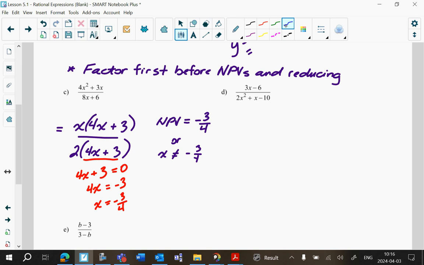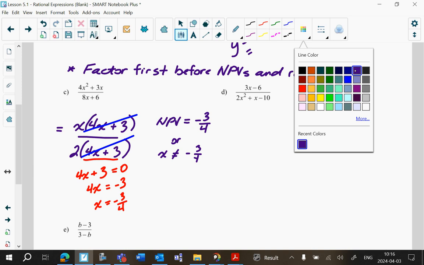You got to do the whole, it's all or nothing. And secondly, it's 4x. Yeah, those can go. If I take a 4x plus 3, divide them out of each one, I'm left with 1 and 1. And x times 1 is x on top. 2 times 1 on the bottom is 2.